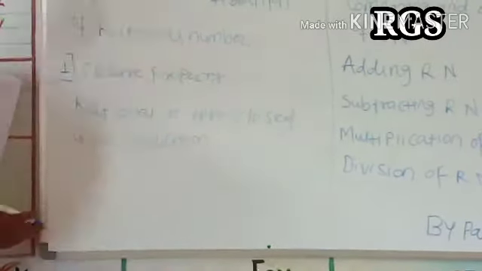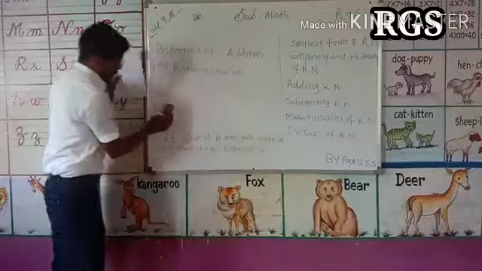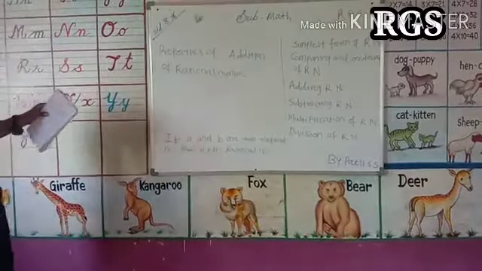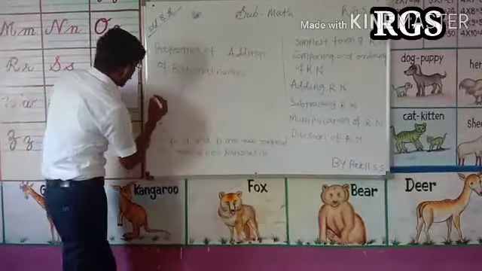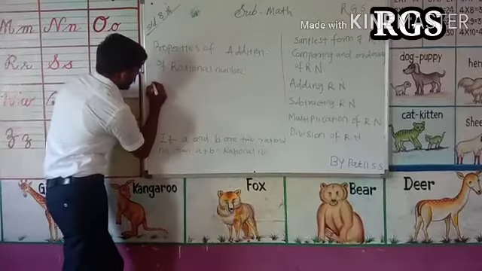If A and B are two rational numbers, then the addition of A and B is equal to a rational number. Now we see one example. After that, you get an idea how this property is used, what this property wants to say.